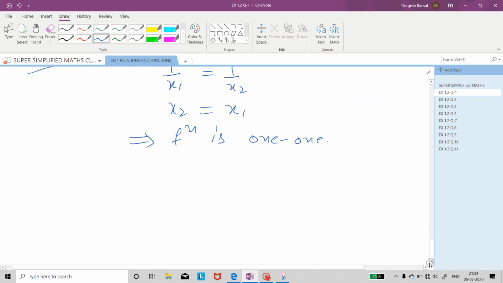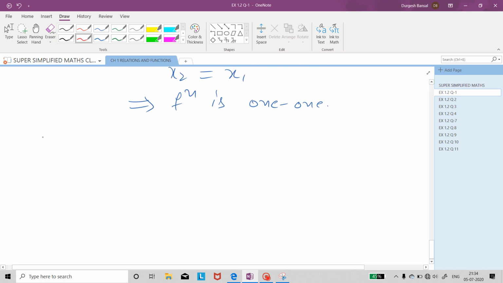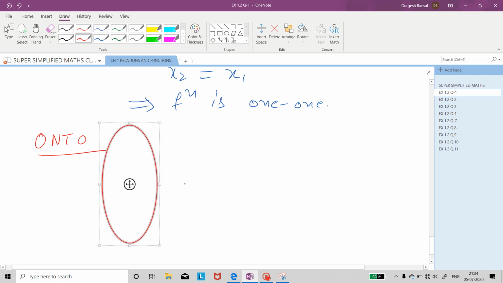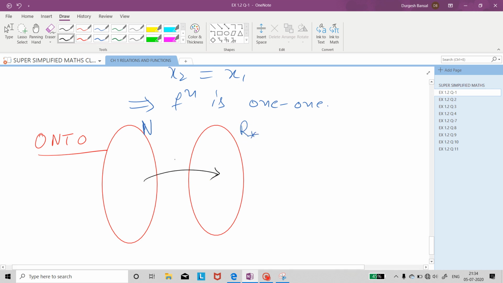Now we come to the ontoness of the function, for the same function. Okay, let me draw the ovals. I think you will be better able to understand. This is the set of natural numbers. This is R star, and let f be a function from N to R star. What is f doing?